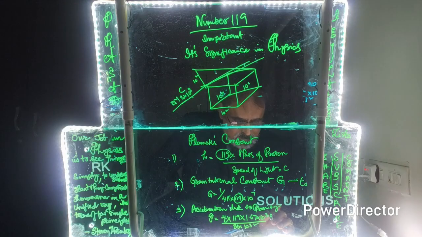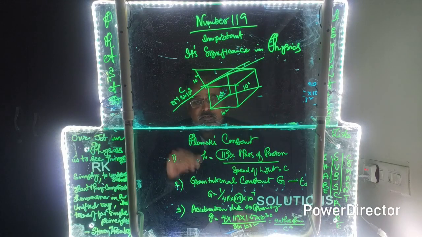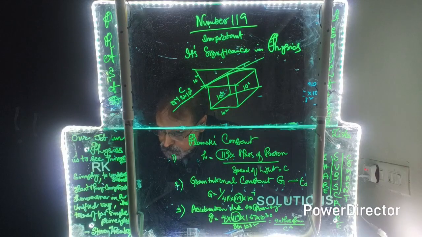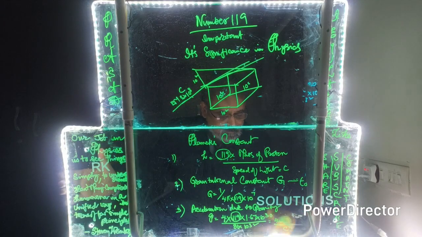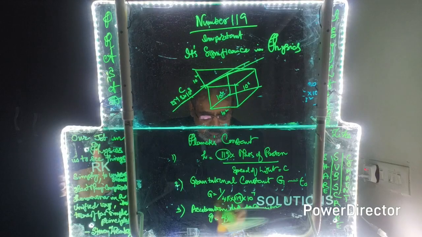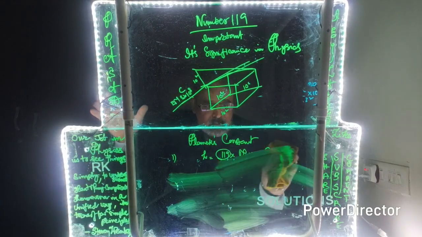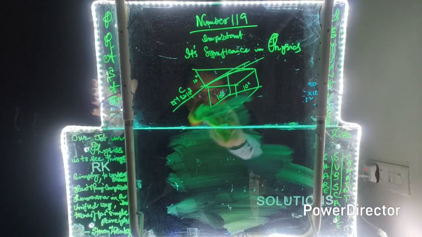That is nothing but 4 times the mass of the sun divided by c raised to 4, where c is the speed of light. This is the third time around I came across 119, and that's why I told you I will explain the importance of 119, what exactly is 119, and why it is so significant in physics.